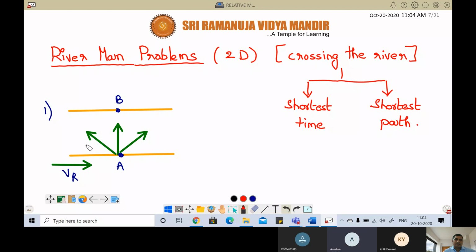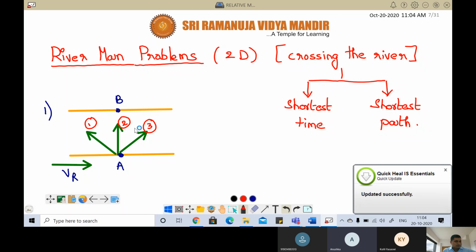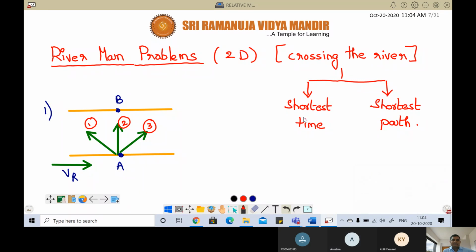Sir, the first case, second case, and third case. I think the first case. First case, shortest time. What about shortest path? Shortest path is the second case. Anybody else? Sir, is shortest time the third case or the first case?